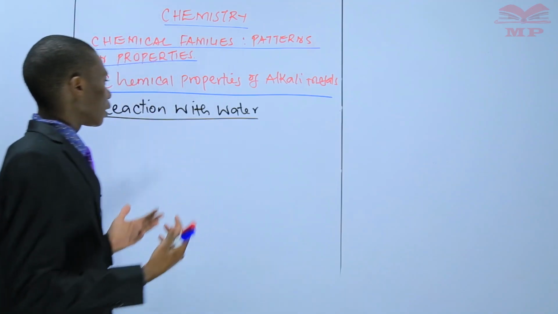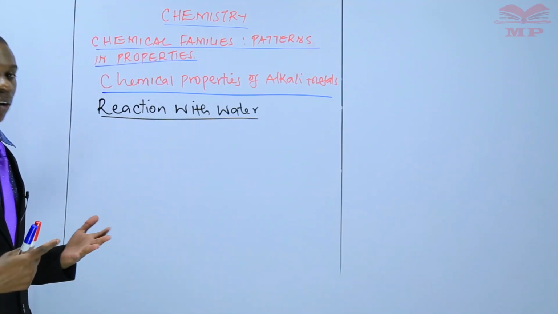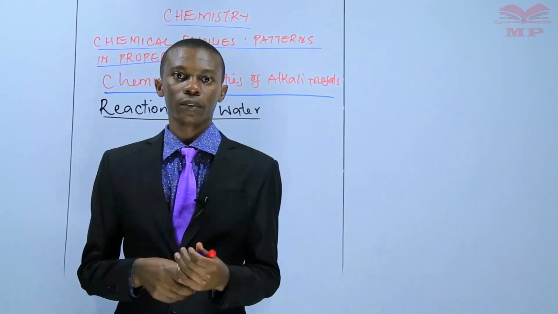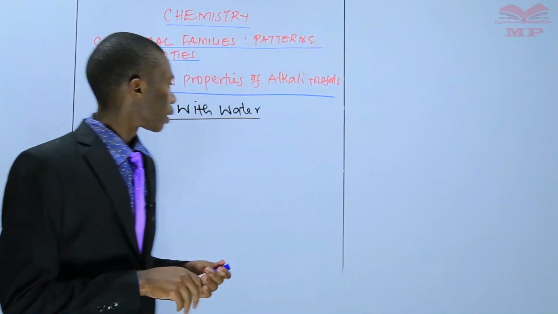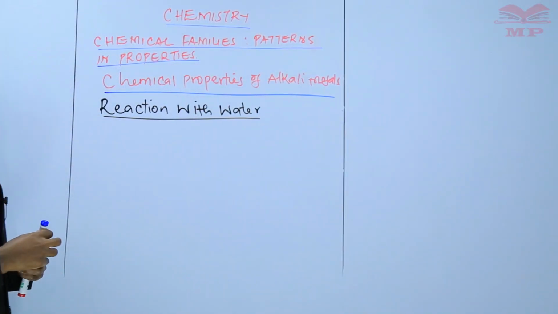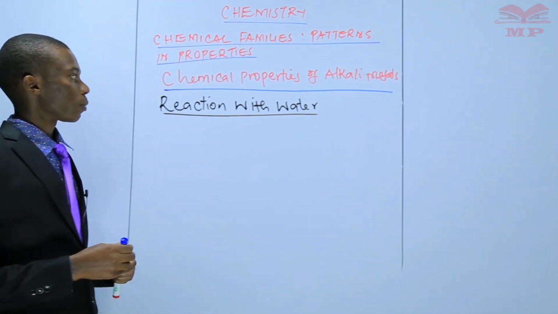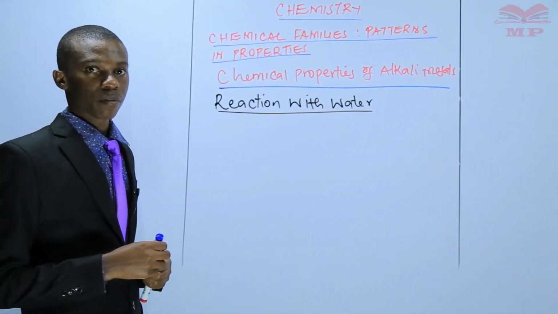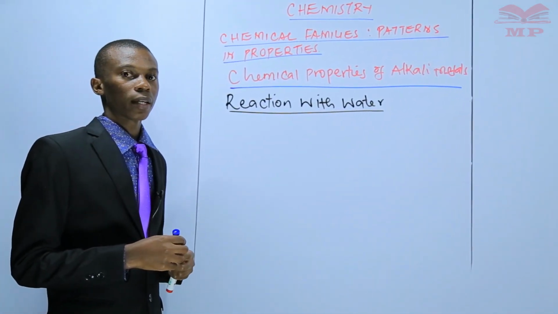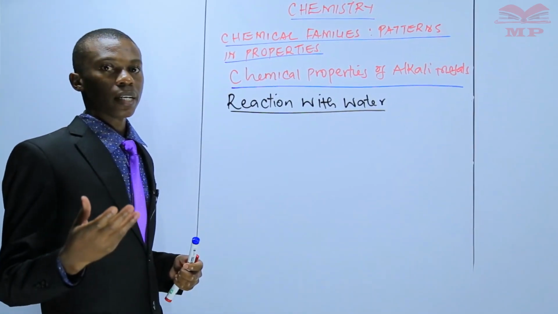Alkali metals are three. We have lithium, sodium, and potassium. I want us to start with the first one, which is lithium, and see how lithium reacts with water.